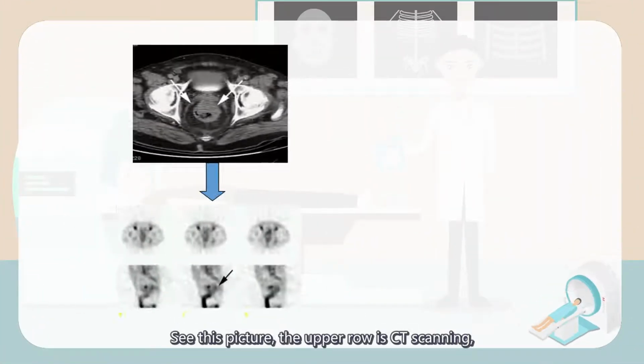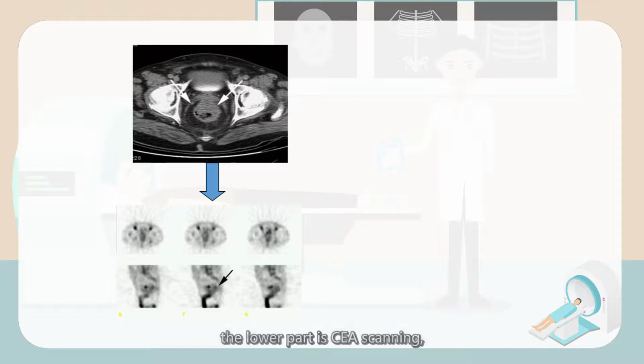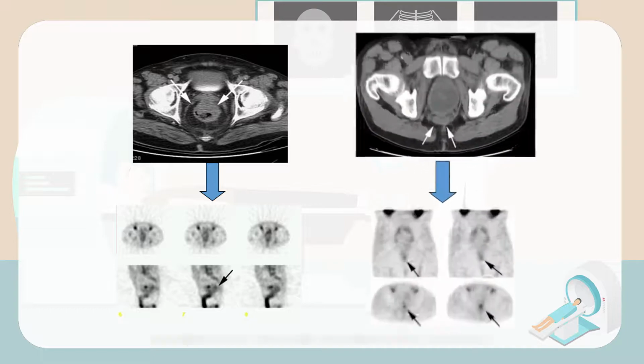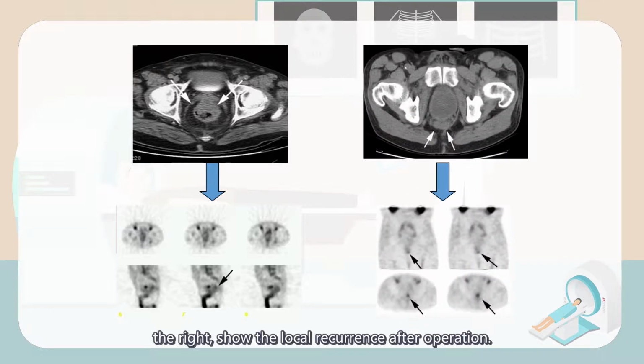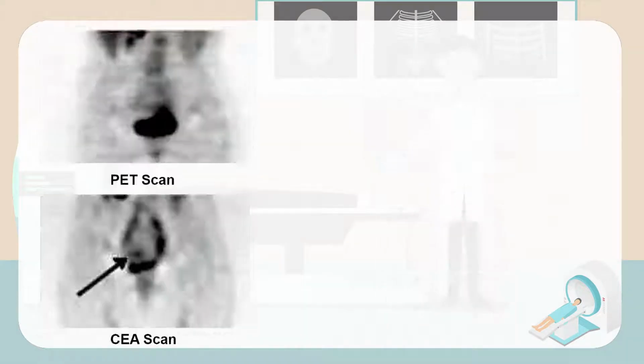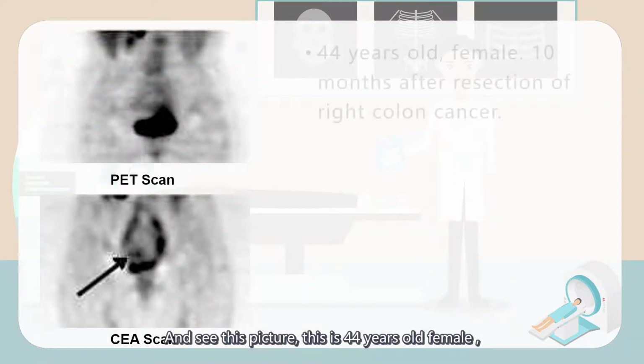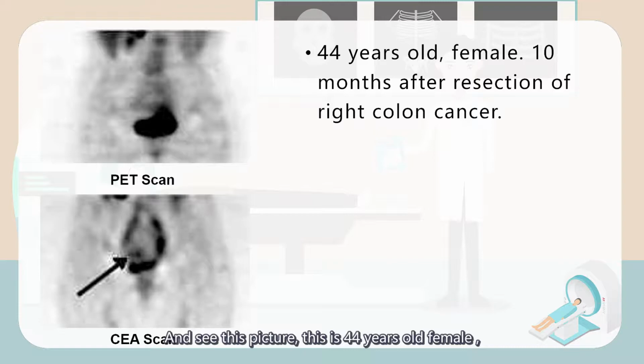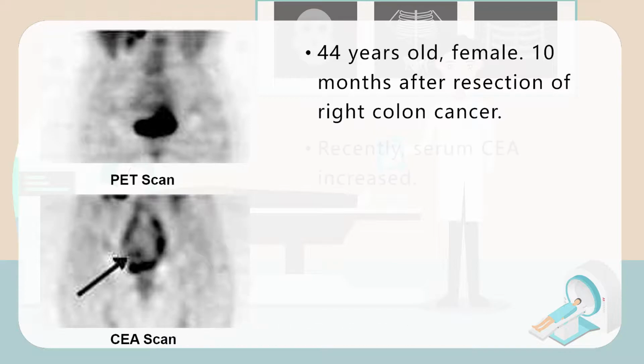See this picture. The upper row is CT scanning. The lower part is the antibody scanning. The left shows no primary metastasis. The right shows the local recurrence after operation. And see this picture. This is a 44-year-old female, 10 months after resection of right colon cancer.